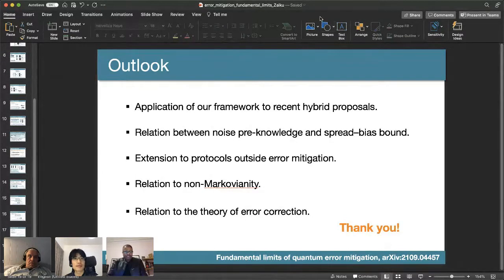I know, for example, there's this open source project called Mitiq, which has implemented probabilistic error cancellation, and I believe they also have implemented the zero noise extrapolation protocol. So we are seeing more and more tools being built.